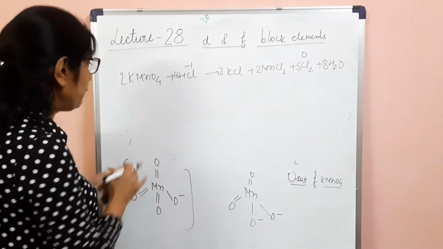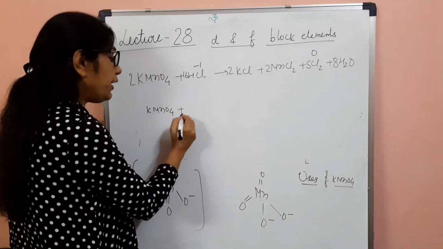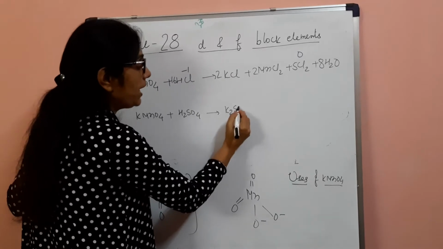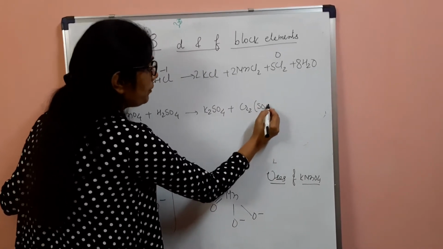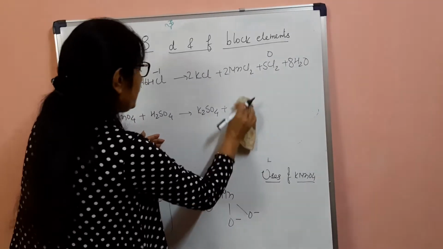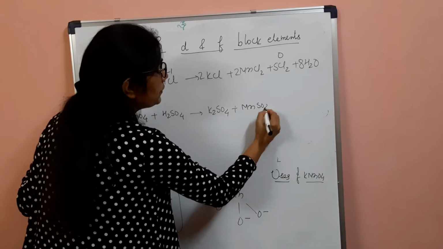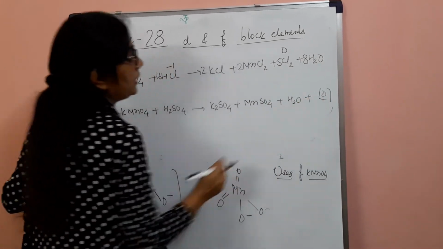And in the case of sulfuric acid, as you have just seen, we get K2SO4 plus MnSO4 plus H2O plus nascent oxygen.